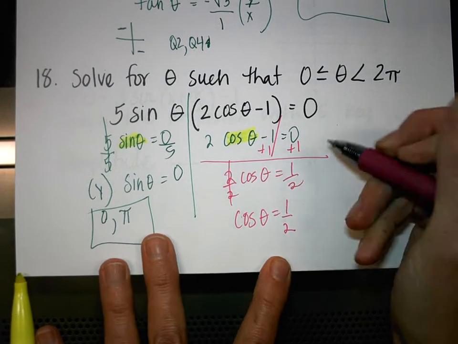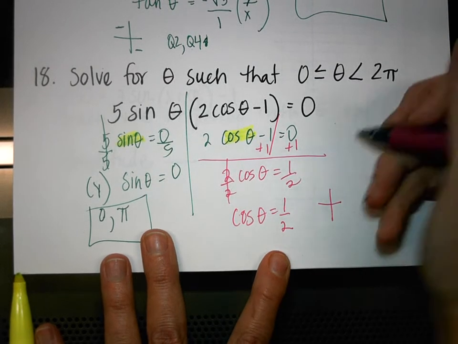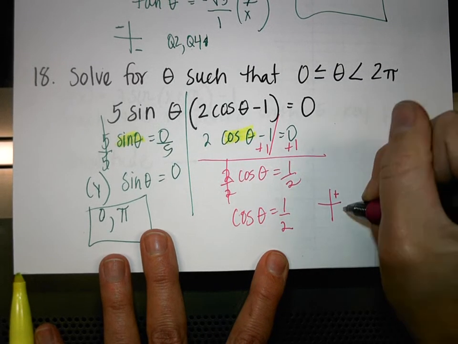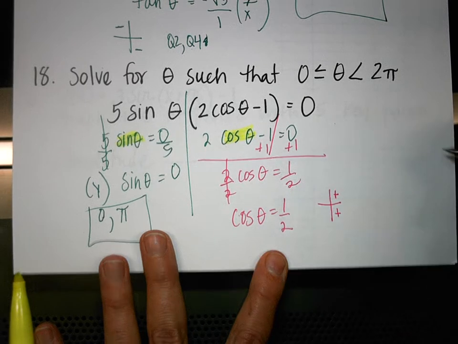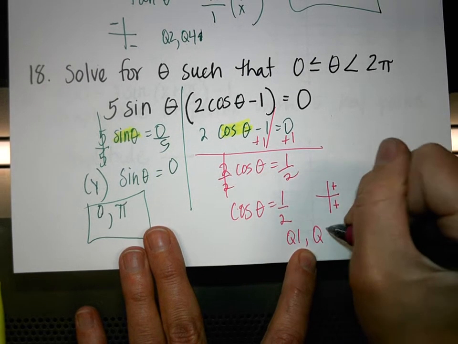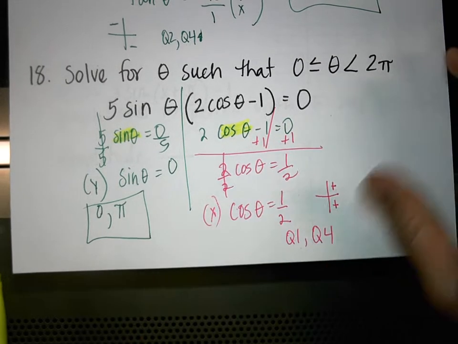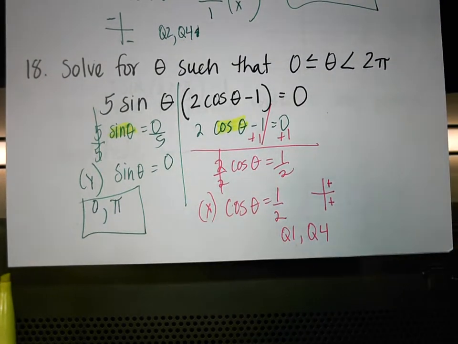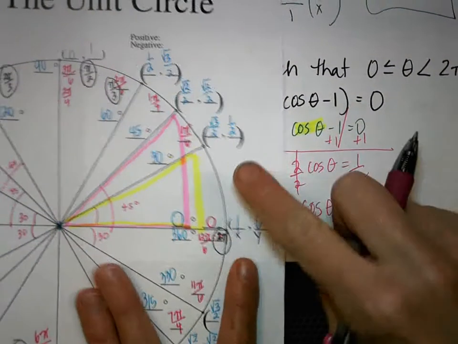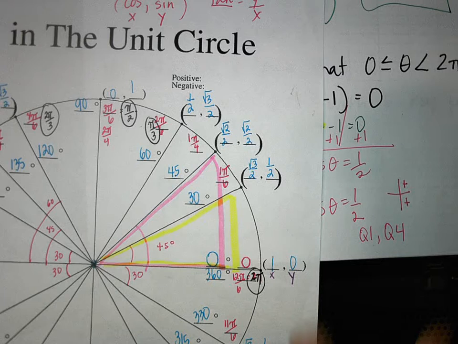Cosine is positive, x is positive, in quadrants 1 and 4. So we're looking in quadrant 1 and quadrant 4 for where cosine, or x, is 1/2. In quadrant 1, x is 1/2 at pi over 3.